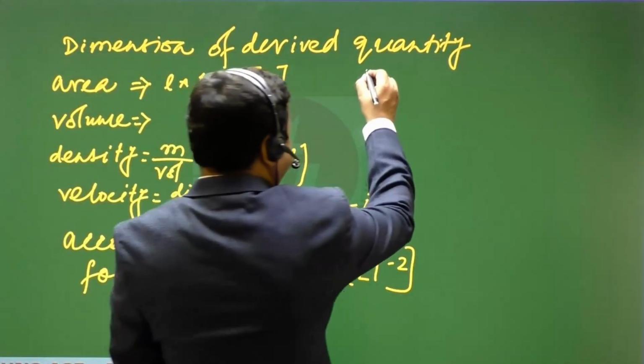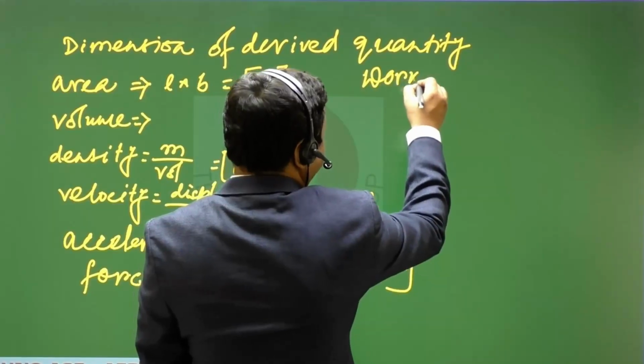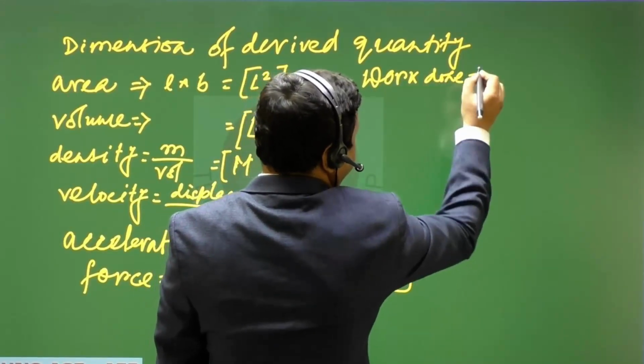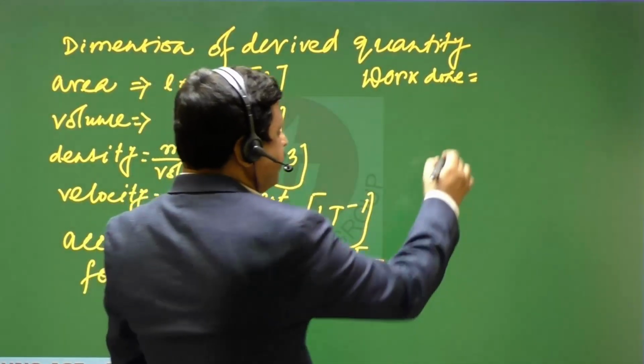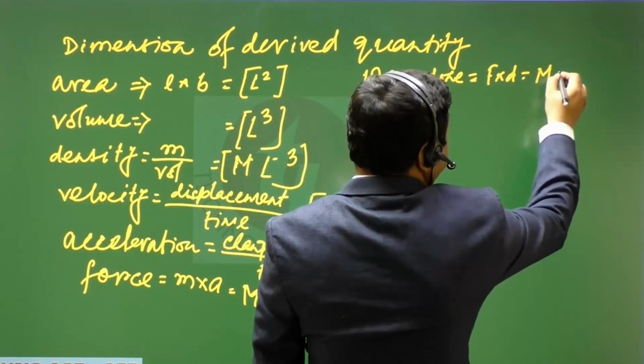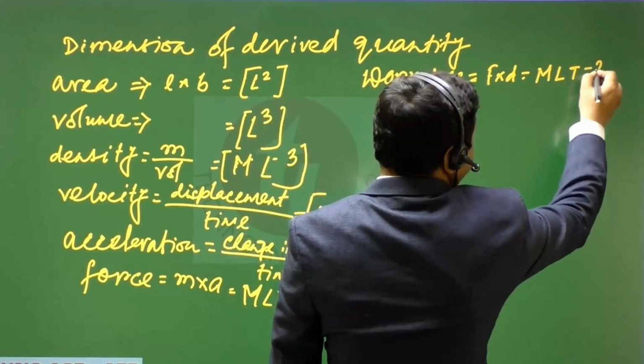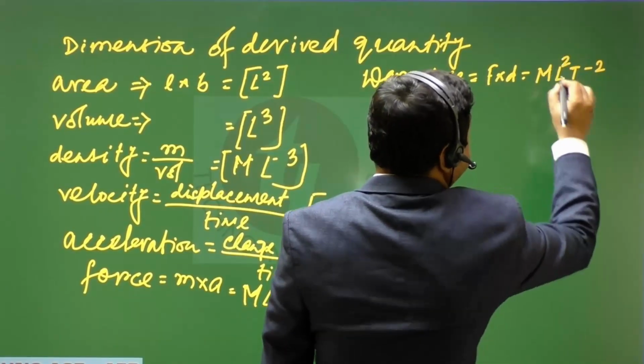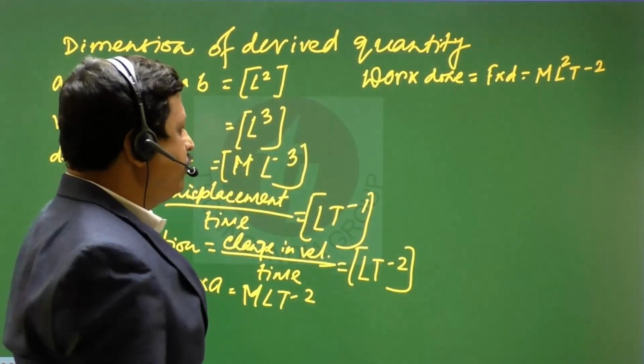Say work done. Work done is the force into displacement, so m L t to the power minus 2 is force, into displacement L, that is m L square t to the power minus 2, okay?